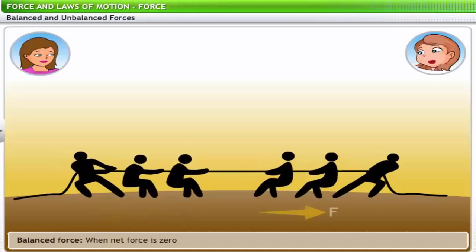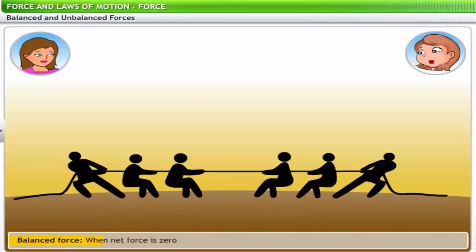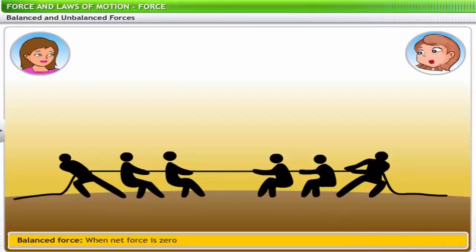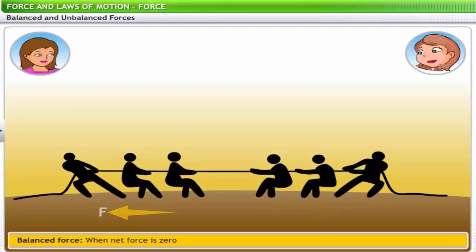In case of multiple forces acting on a body, when the net force is zero, the forces are known as balanced forces. For example, this game of tug-of-war.